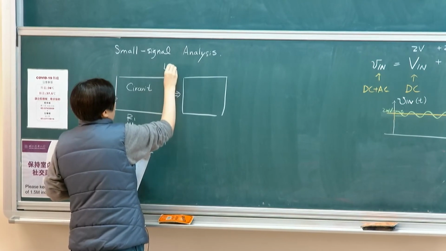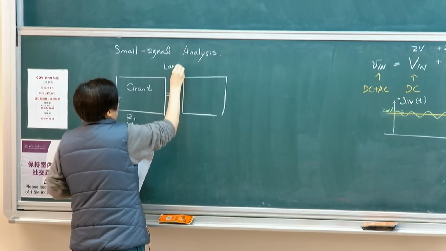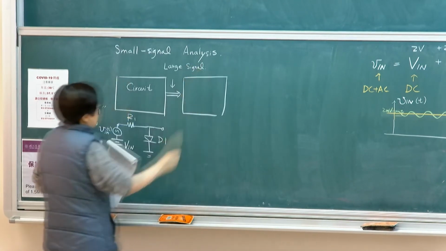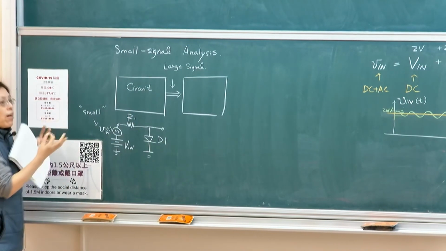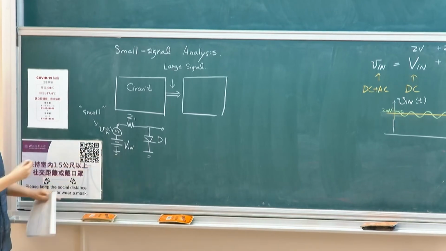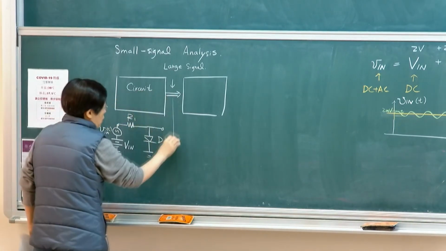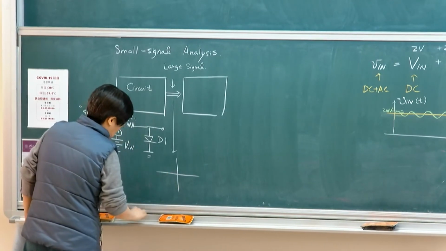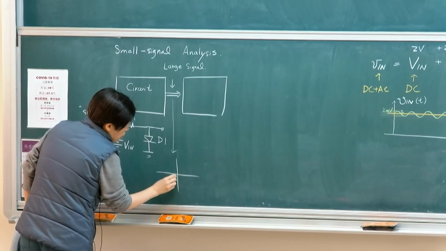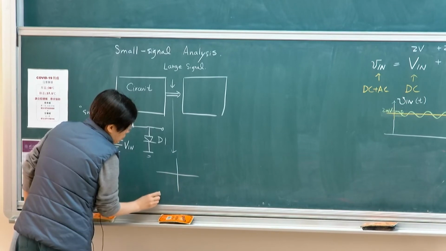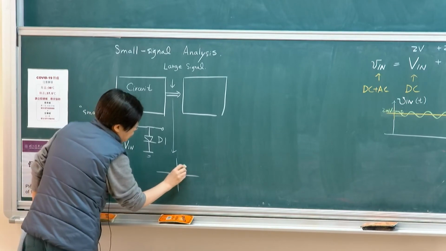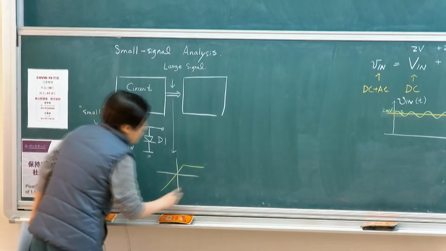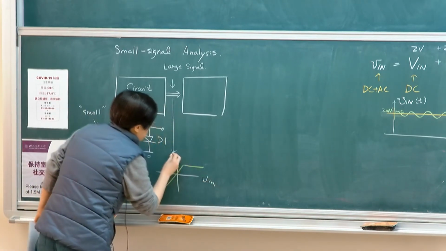And then once I have the circuit, you could do large signal analysis. For example, with this circuit, I can draw the large signal plot. It will look something like this. This is my large signal response, input and output.